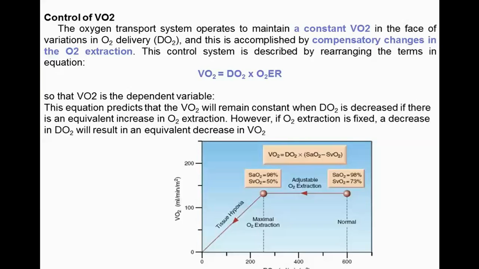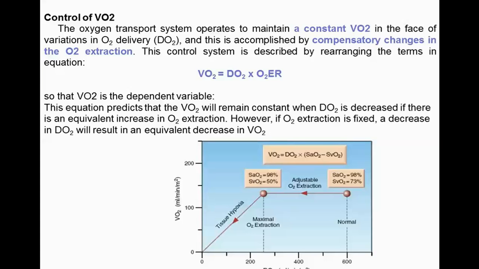So here, is this oxygen delivery normal? Normal is 600. The oxygen uptake is about 150 to 160. Here the arterial saturation is about 98% and venous saturation is 73%.